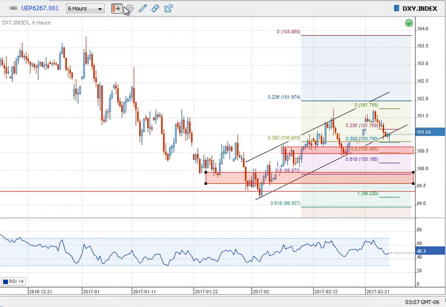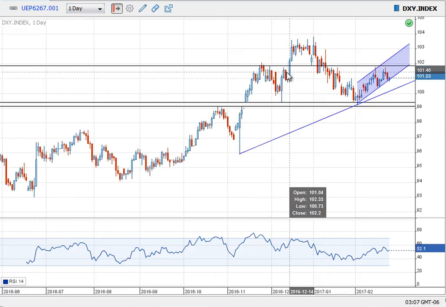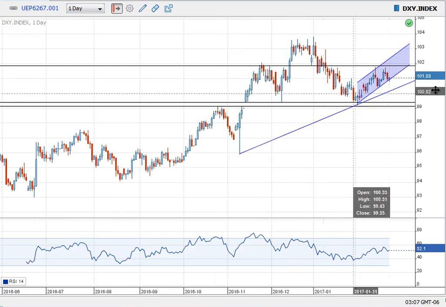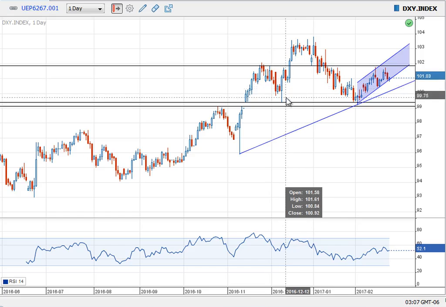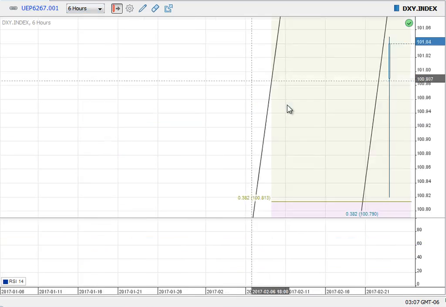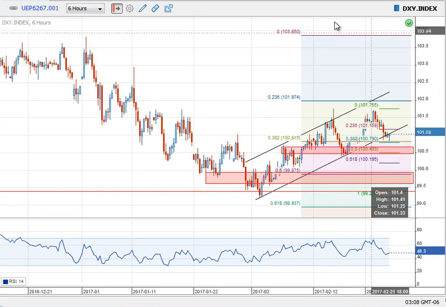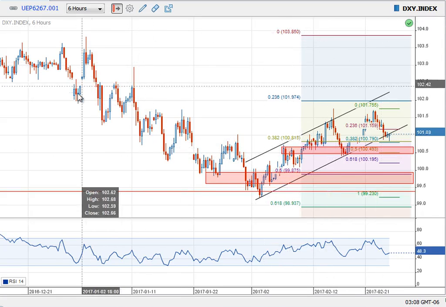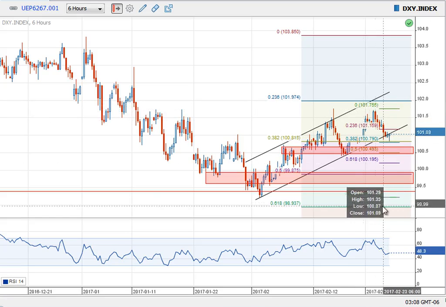Let's go back to the daily chart, and I'm going to show you that the 100 level right here is actually the 50% of the move from the 99 level to the 100.9 level. So basically we have two Fibonacci retracement levels here. The big ones and the ones that are colored are the Fibonacci levels of the entire move to the upside, and the small ones inside the colored ones are the Fibonacci levels of the flag only.